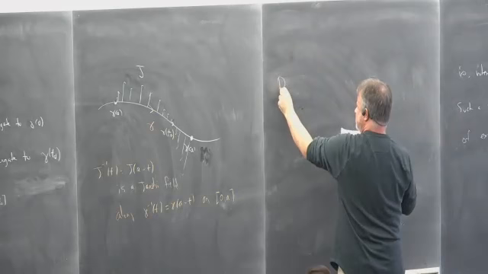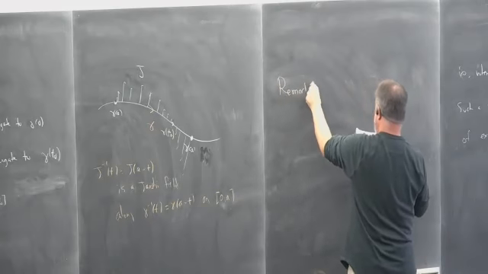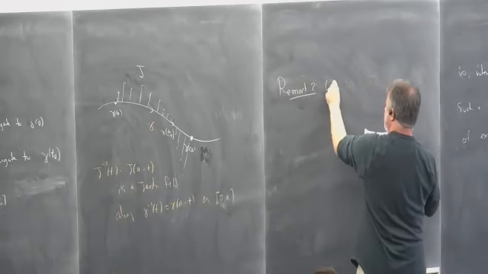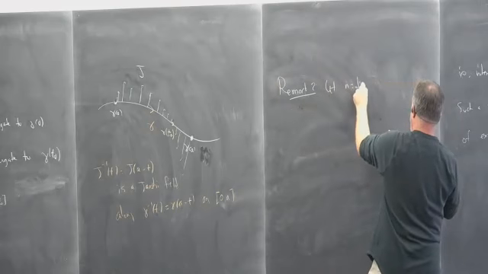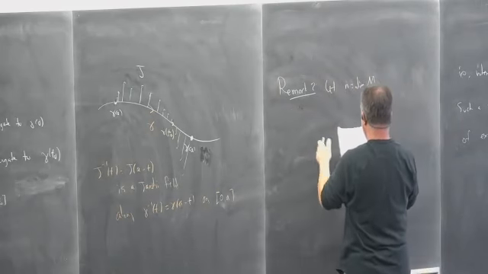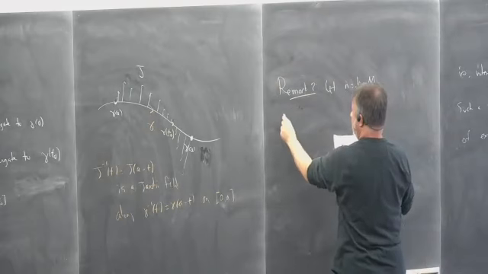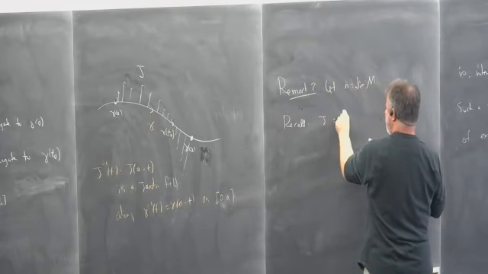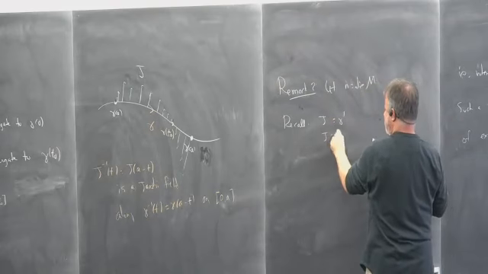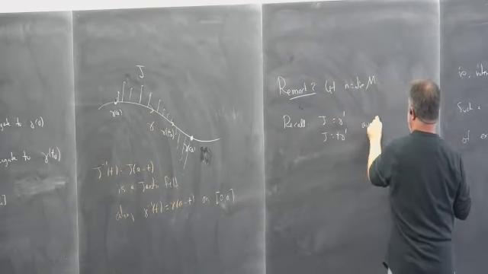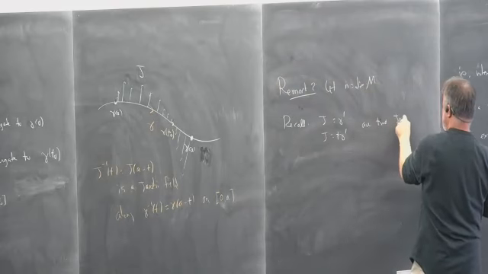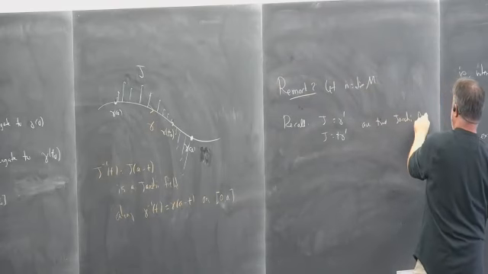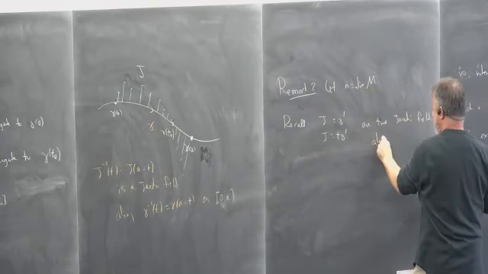Remark 2. Let n be the dimension of M. Recall that J equals gamma prime, and J equals t gamma prime are two Jacobi fields along gamma.